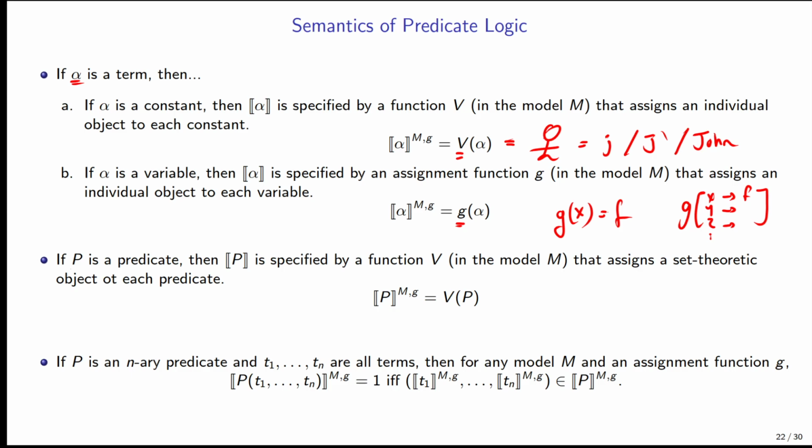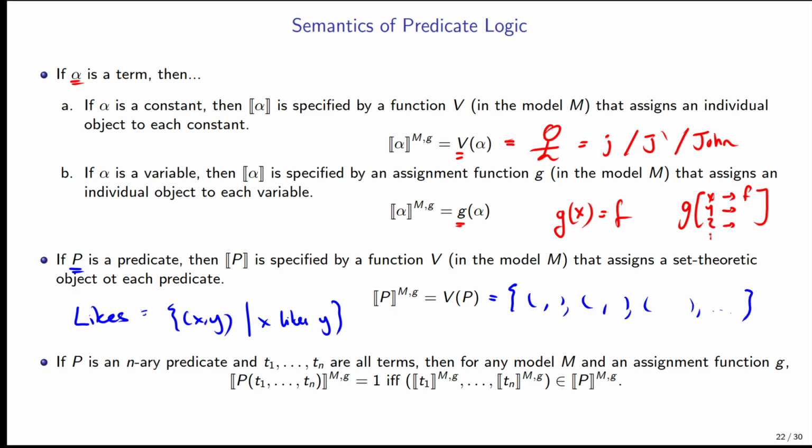If we have a predicate, so this is a word like likes, we know that in terms of set theory, likes is a set of pairs xy, where x likes y. So when we check the value of likes, the predicate itself, basically what we get is a set of pairs. So these are all the pairs x, y, where x likes y. So maybe we call this x1, y1, x2, y2, x3, y3, and so on.